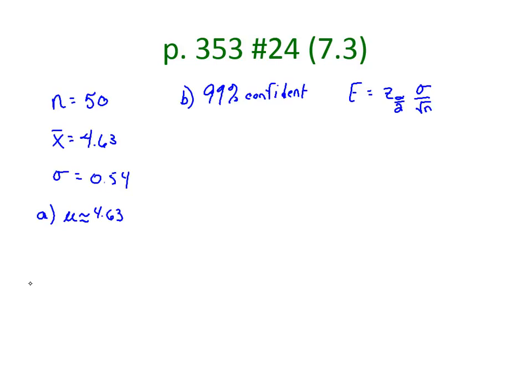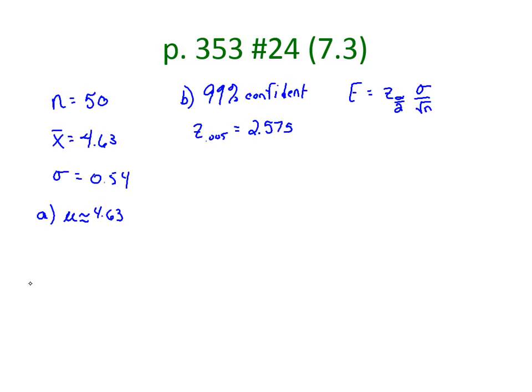So if that's the case, what is Z of alpha over 2 first? Okay, where are you getting the 2.575? Okay, you're looking up that 0.995 because alpha is 0.01, alpha over 2 is 0.005. That's the area to the right.